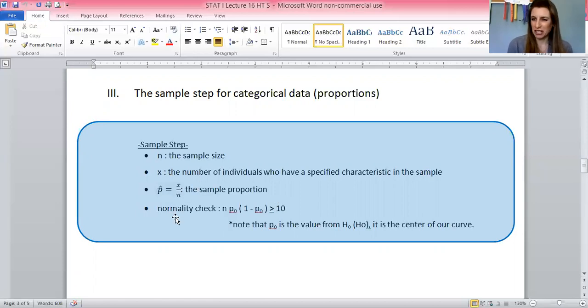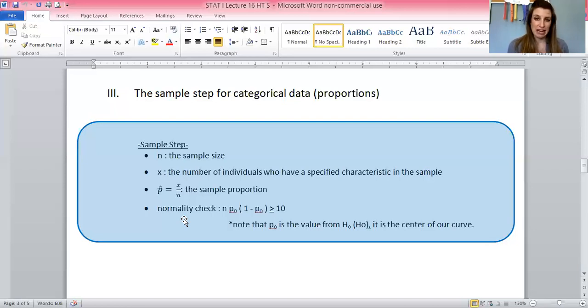Then my normality check here again, remember my normality check is different for proportions. So if you remember when we first started looking at proportions for my sampling distribution, we used N times P times 1 minus P is greater than or equal to 10, right? So we used P in that calculation.